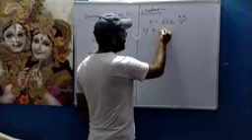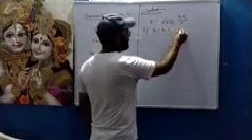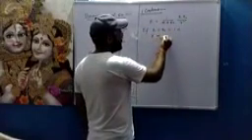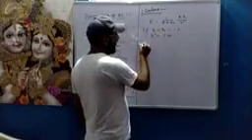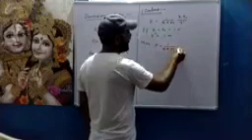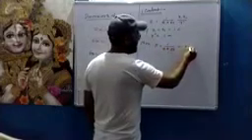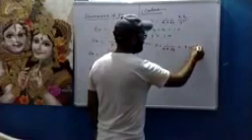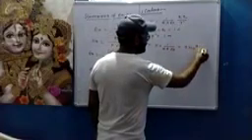If Q1 is equal to Q2 is equal to 1 Coulomb and r is equal to 1 meter, then F is equal to 1 upon 4 pi epsilon naught. So this value is 9 into 10 to the power 9 Newton.